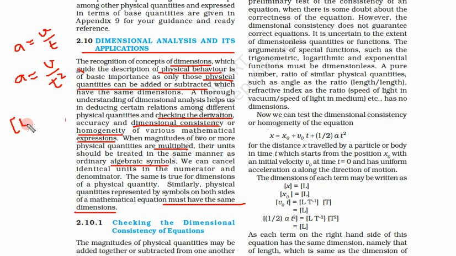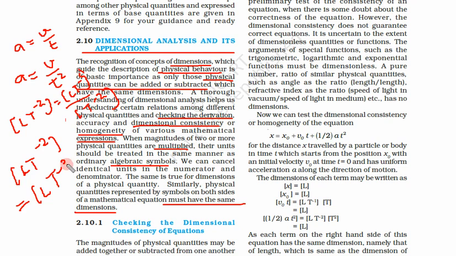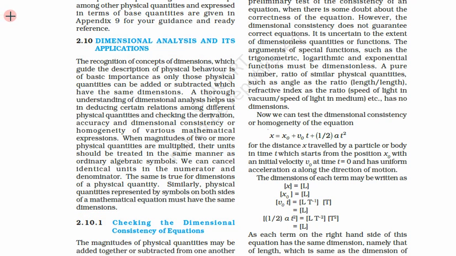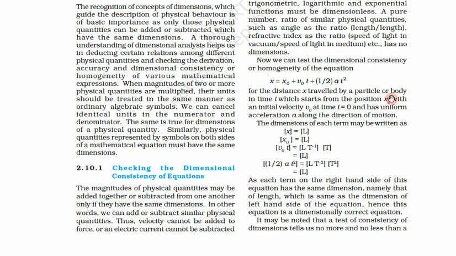On the left side you get LT^-2, and on the right side velocity is LT^-1, divided by T^2, so you get LT^-3. Both are not equal, hence there is some mistake in this analysis. These are fundamental concepts. With the help of dimensional analysis, you can tell whether any formula created is correct or not.